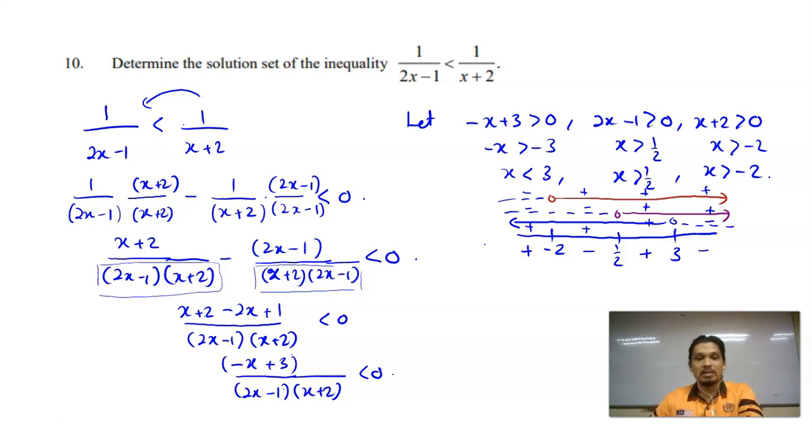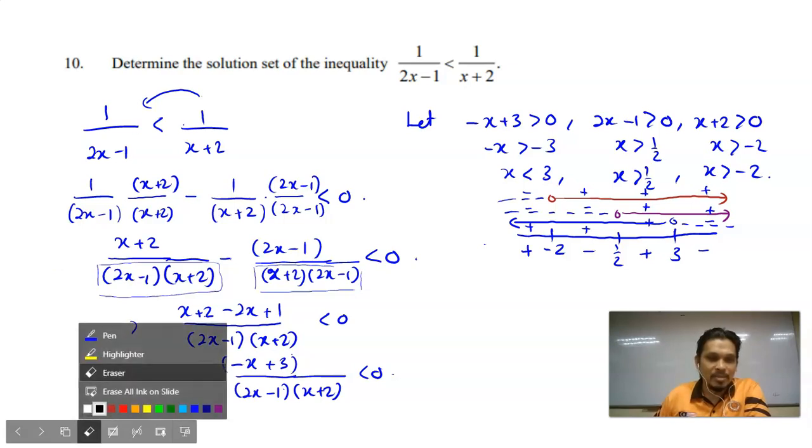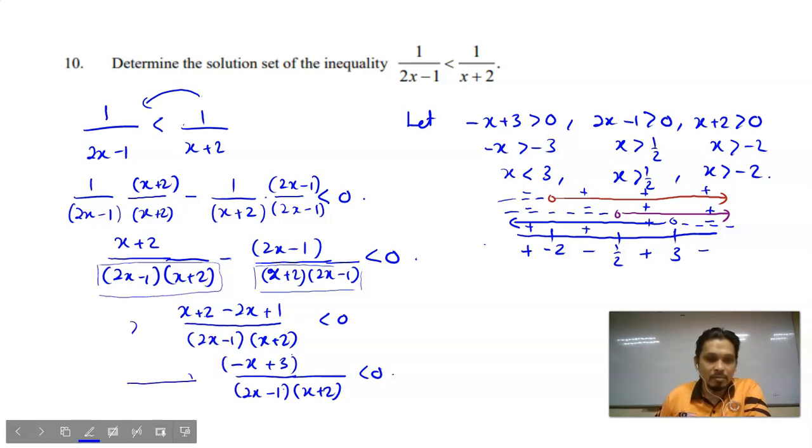So the final answer for this solution here, refer to this step or this line, and the whole of this, or this one here. Wait. I think the best one we can refer to is this, because all these three factors form what we call the number line. This one, negative x plus 3 divided by 2x minus 1 multiplied by x plus 2, as you see on the screen now, is less than 0.